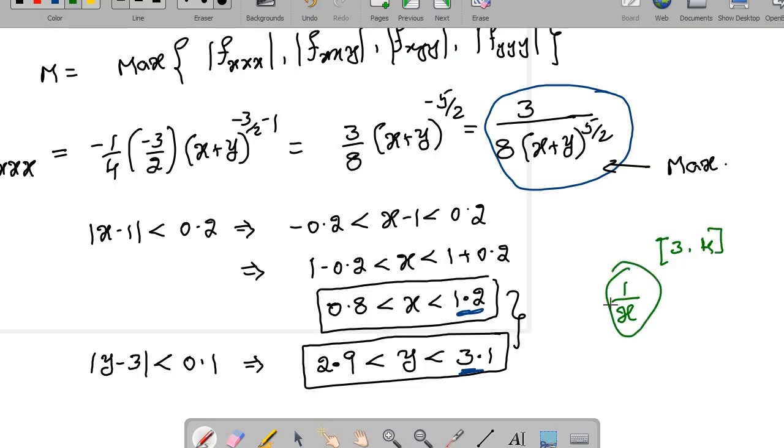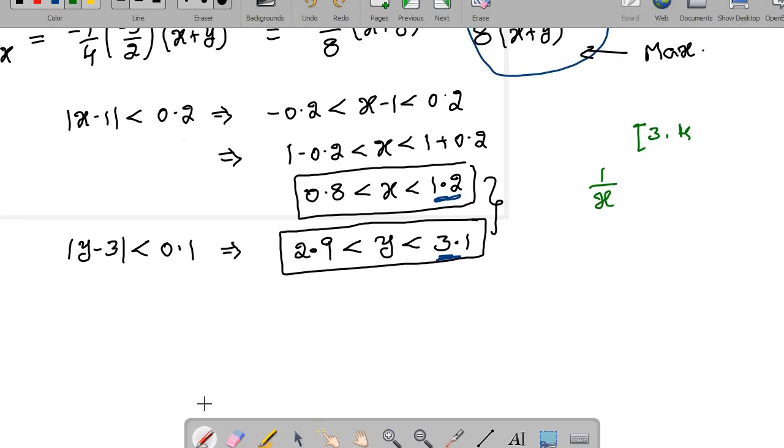Where will it have the maximum? When you plug in 3, you get 1 by 3. When you plug in 4, you get 1 by 4. Which is maximum? 1 by 3 is maximum. So when you plug in the minimum values in the denominator expression, you get the maximum of the function.